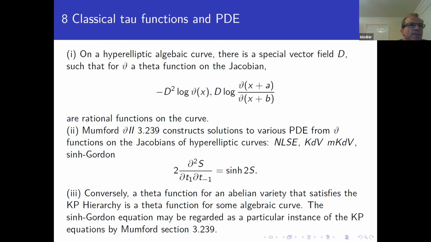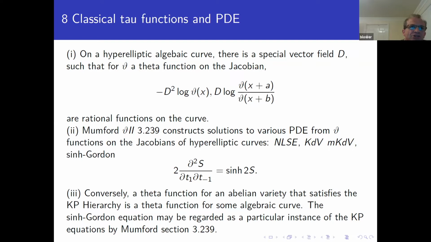Now, in Mumford's treatise on theta functions, he constructs solutions to various partial differential equations from these theta functions. He takes constructions of nonlinear Schrödinger, I should say really nonlinear cubic Schrödinger, Korteweg-de Vries, modified Korteweg-de Vries, and sinh-Gordon.